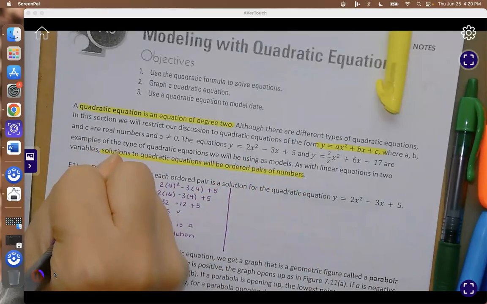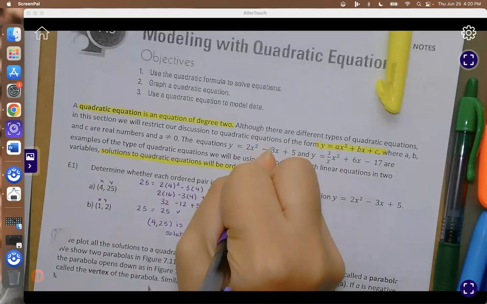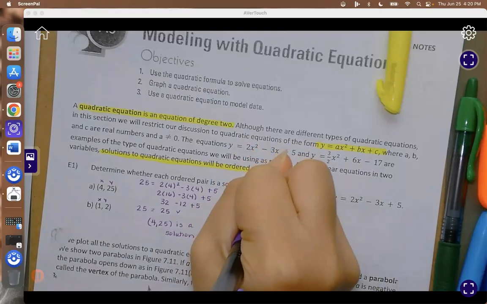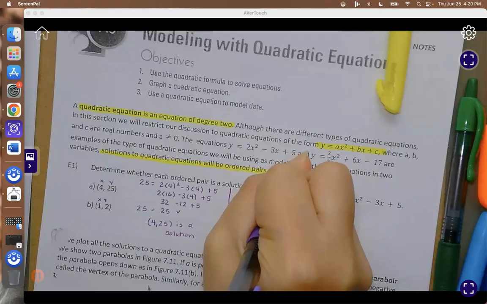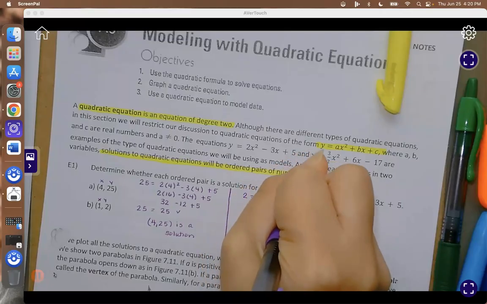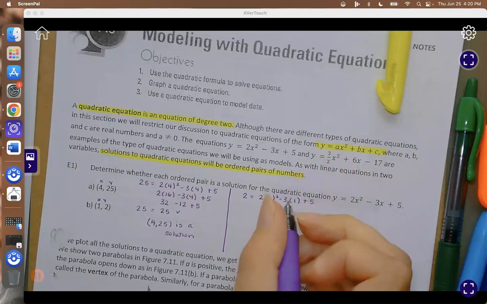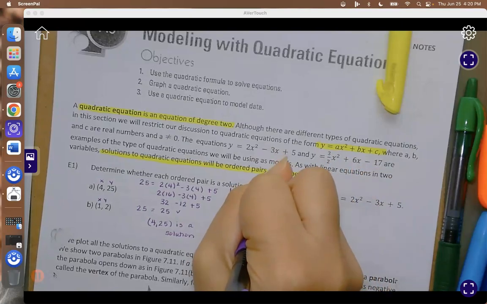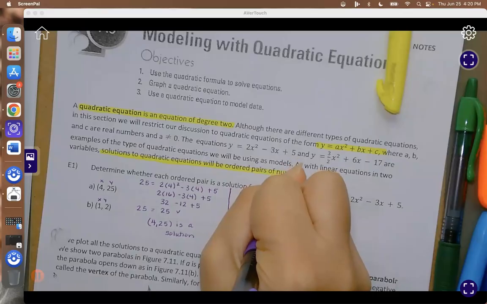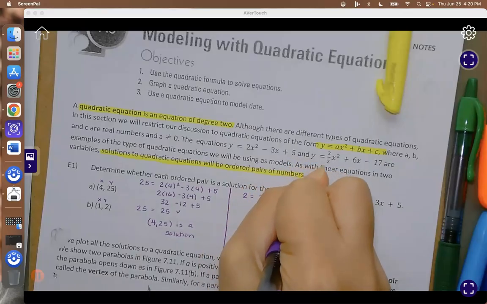Here's the second one. So we have 2 equals 2 times 1 squared minus 3 times 1 plus 5. Let's see if this is a solution. So 1 squared is 1. Then we can do our multiplications here.